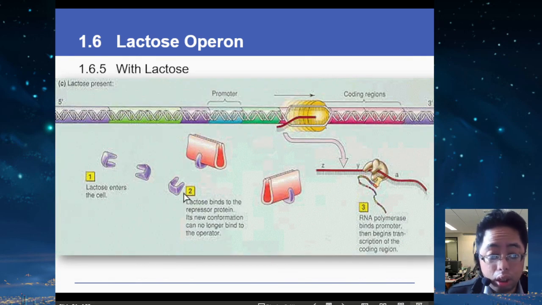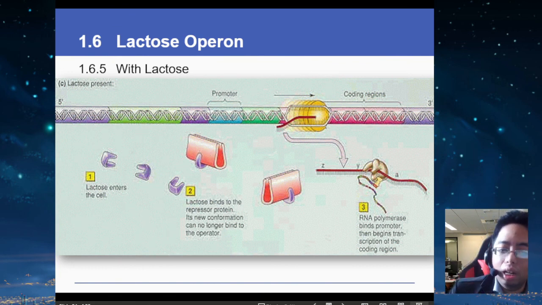But with lactose, here you can see the lactose comes and it clamps against the repressor. So now the switch is not off, it is on. Since there is nothing binding to the promoter, the RNA polymerase will just say, okay, I can make the lactase right now.